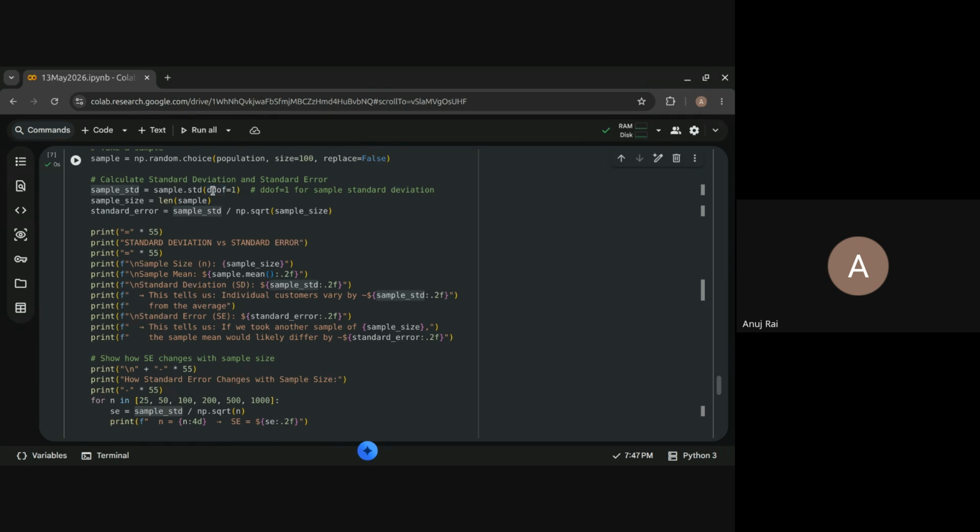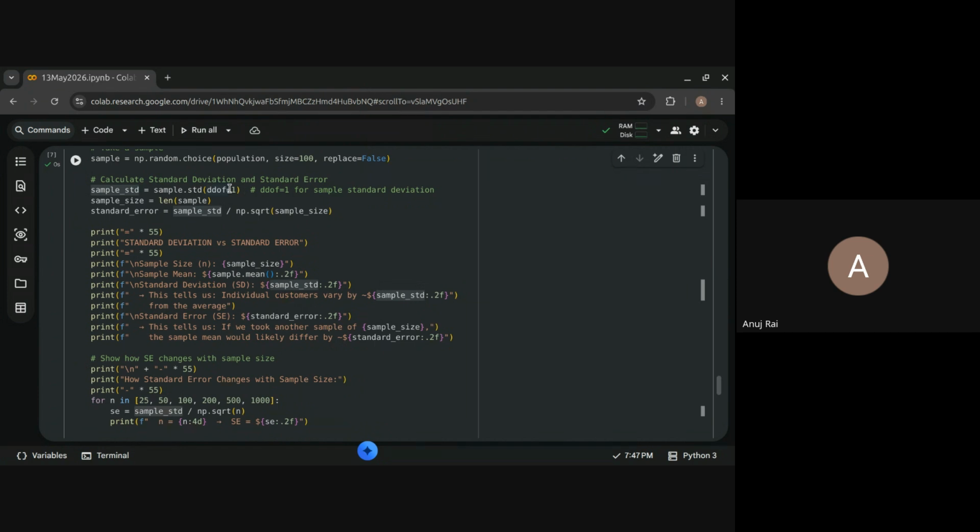When we don't provide the degree of freedom, it considers the data to be the population, and to calculate the standard deviation it divides by n, the number of data points, the whole thing. When you want to calculate the standard deviation for a sample, you have to divide by n minus 1. That's why we have to set the degree of freedom as 1.